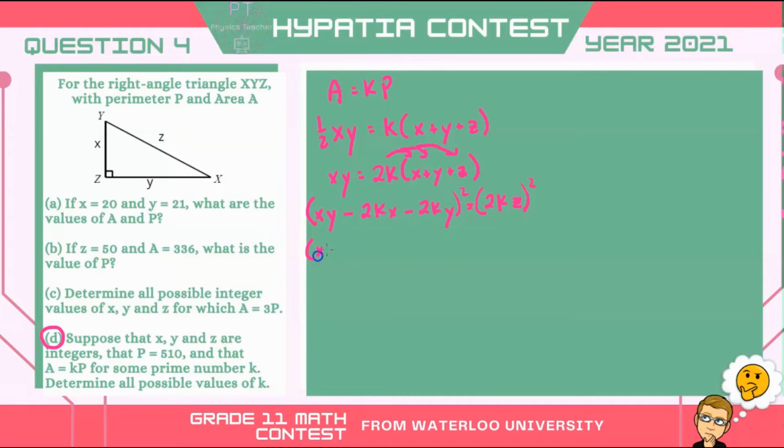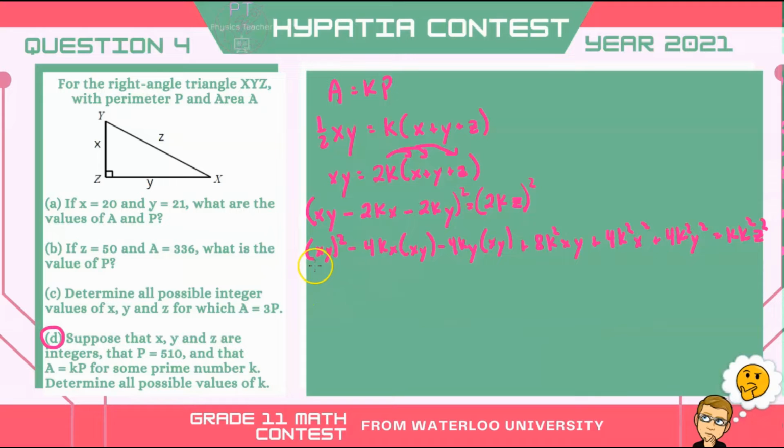And we get xy squared minus 4kx times xy minus 4ky times xy plus 8k squared xy plus 4k squared x squared plus 4k squared y squared, and that is all going to equal 4k squared z squared.